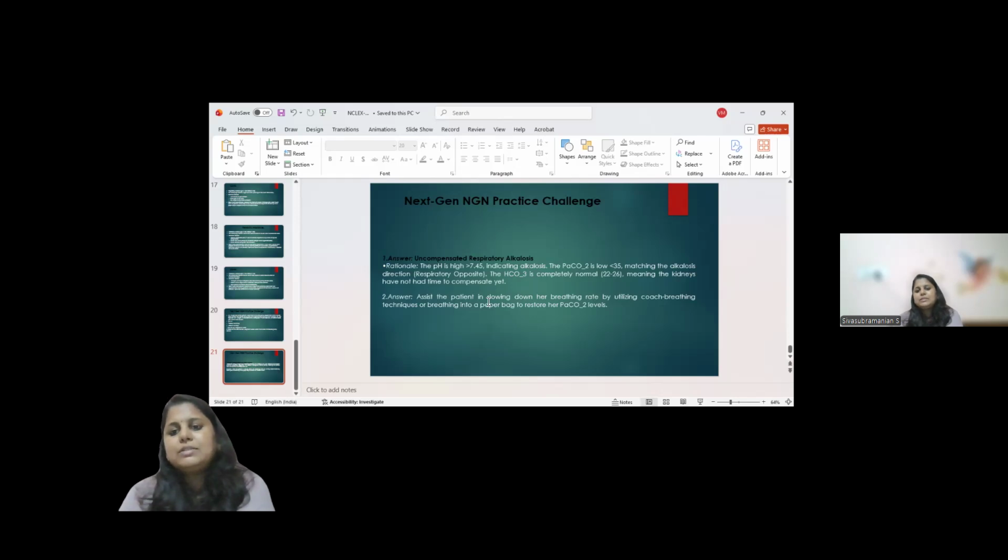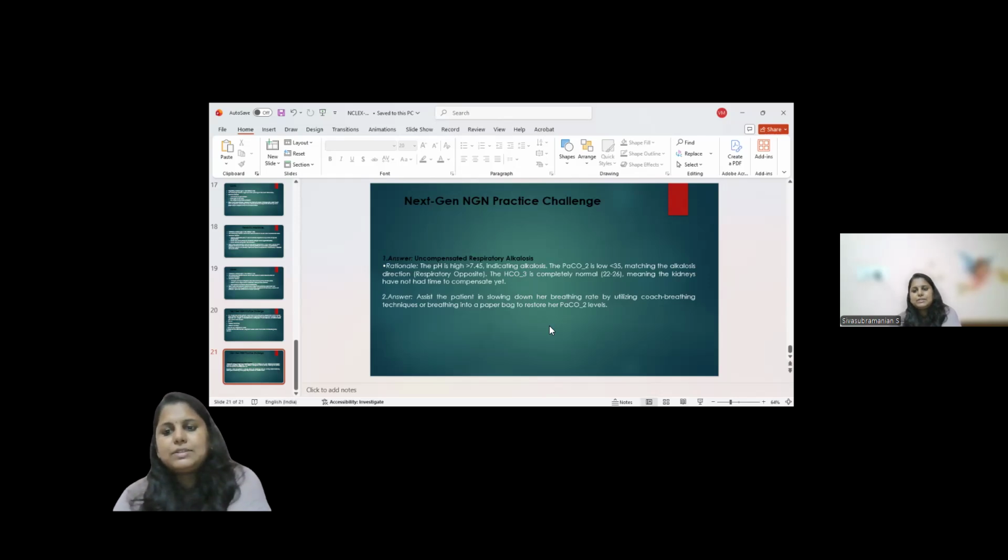The answer: we have to assist the patient in slowing down the breathing rate by using a coached breathing technique, or ask the patient to breathe into a paper bag to restore her PaCO2 level. These are the prioritized interventions for a patient with uncompensated respiratory alkalosis. Clear?